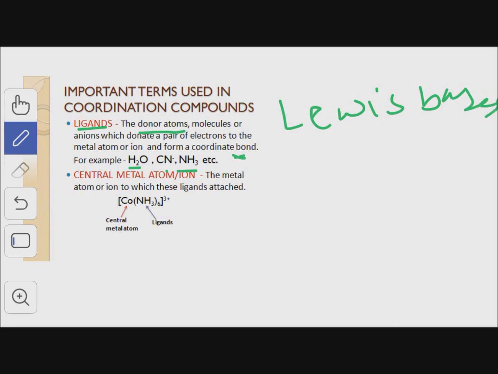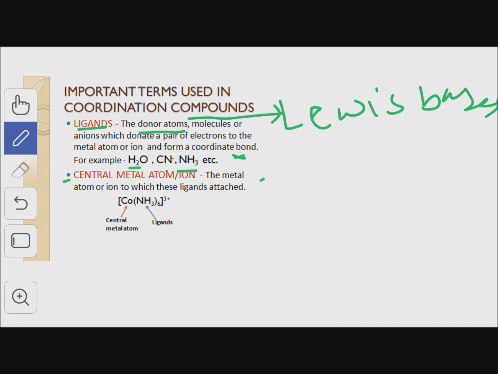Donor atoms are called Lewis bases because they have a tendency to donate a lone pair of electrons to another atom. Next is the central metal atom or ion. It is a metal atom or ion to which these ligands are attached.